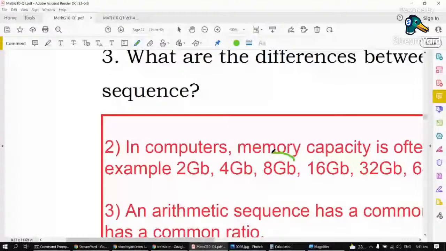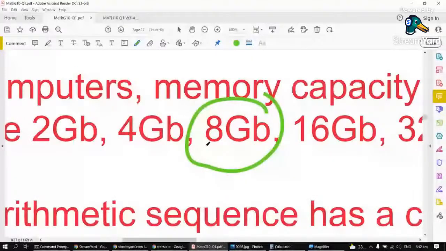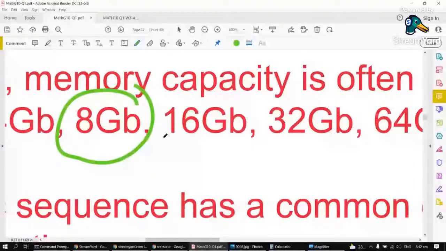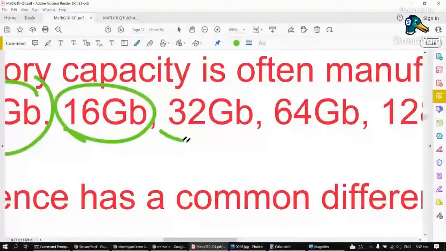So sa panahon ngayon, bihira nang makakita ng 4 gigabyte at 2 gigabyte. Pinakamababa na yata ngayon is 8 gigabyte sa mga tindahan. So ang next nun is 8 gigabyte times 2 is 16 gigabyte. Times 2 is 32 gigabyte. Yung 32, pag tinimes 2 mo, that's equal to 64 gigabyte.